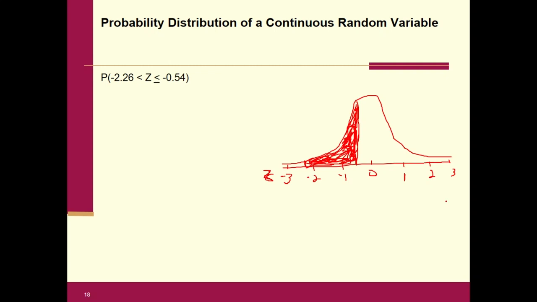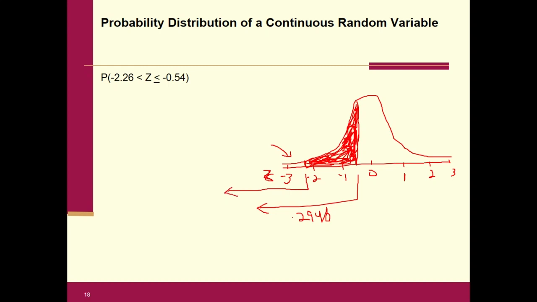So we have our two numbers, right? From here to here, 0.2946. Okay, and that's a little bit too much area because we were supposed to stop right there, so we needed to subtract off this area.